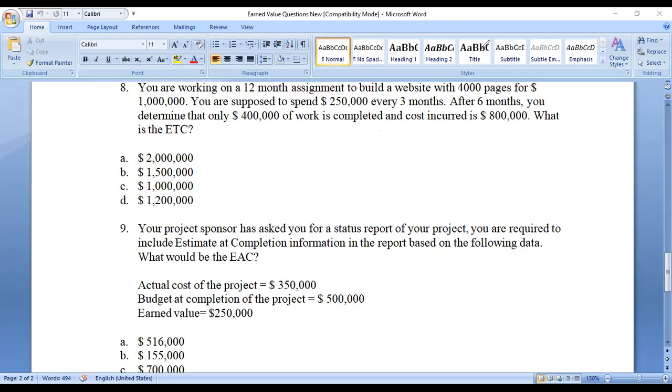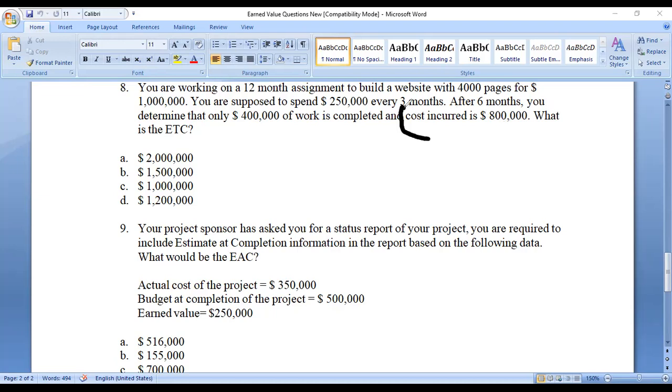Anyone got the answer? You got your actual cost, right? The problem is giving you 800.